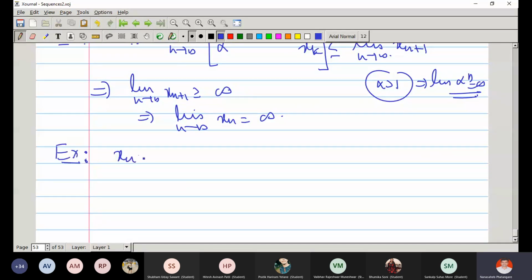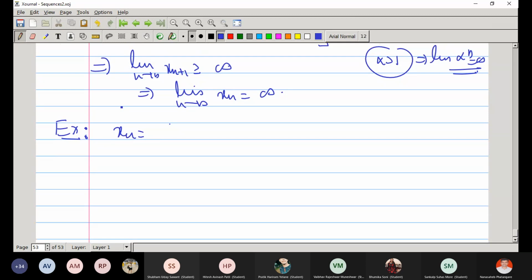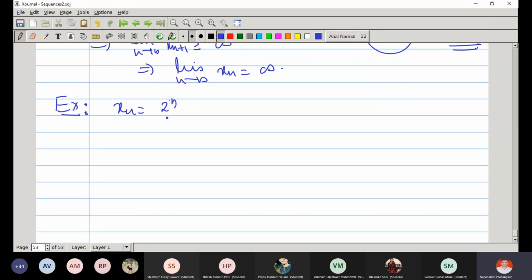Right. So let us look at the problem which we discussed last time. Let us consider the simple case: x_n is equal to 2 raised to n upon n factorial. Is it correct? Right. And what did we prove already?